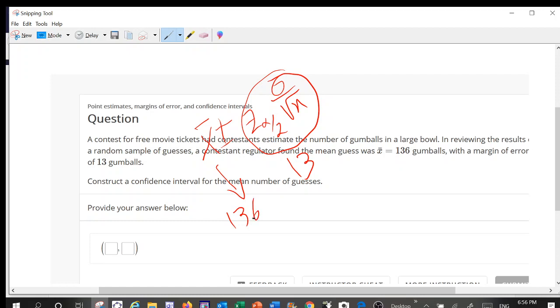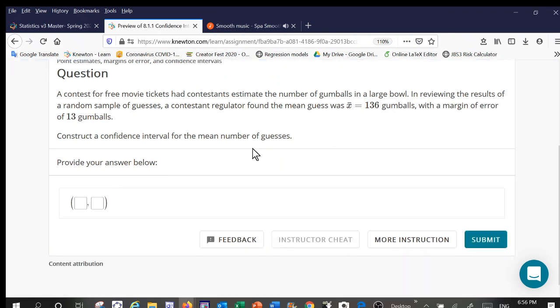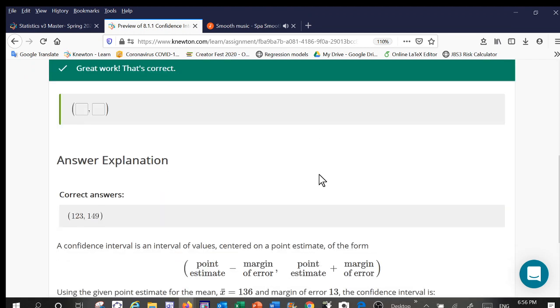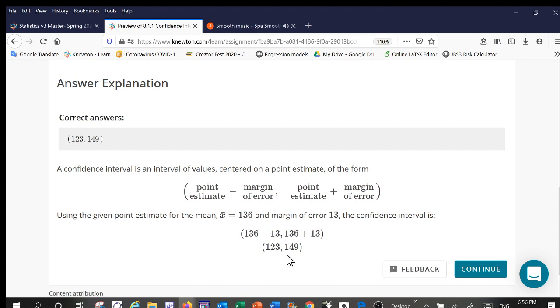So we just have to add and subtract to get it. So let's do that. So 136 plus 13 and 136 minus 13 is going to be what? The interval would be 123 to 149, right?